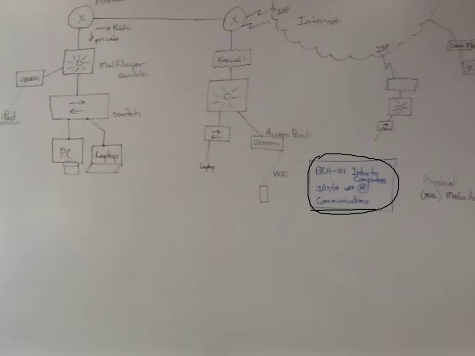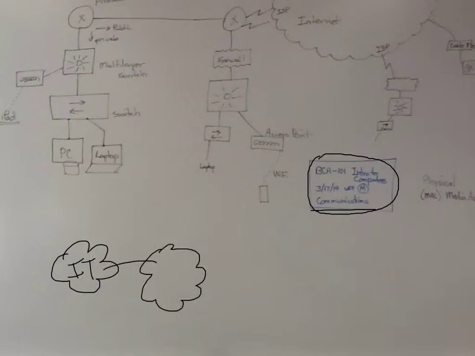If you remember previously, we showed a cloud showing the IT area, and that cloud connected to a bigger cloud, and this was the Nyack campus, and that connected in to the internet.